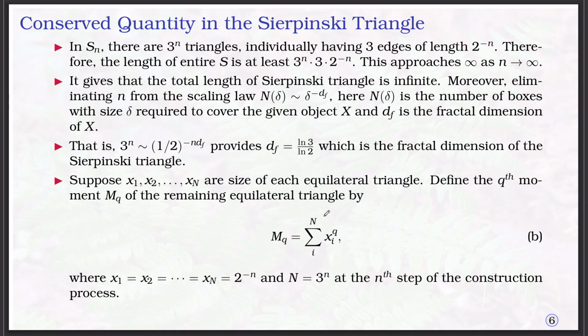Now we will check whether there is any conserved quantity in the Sierpinski triangle. We will use the same argument as in the Cantor set. In the Sierpinski triangle construction, I am just recalling here, in each iteration we are removing intervals. That means 3 power n in general, 3 power n intervals of size 1 by 2 power n.